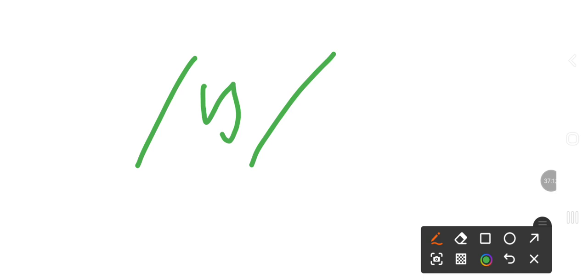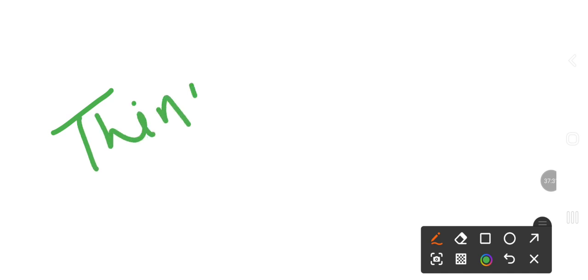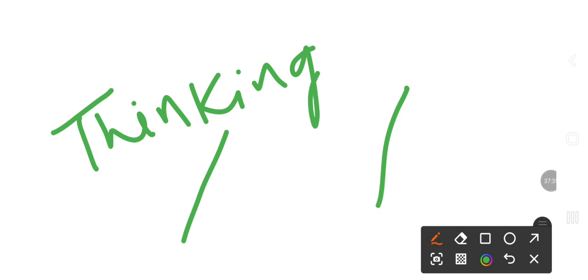So these are the rules. And when we do any transcription, for example, if I have to write thinking, right, this is called phonetic transcription.